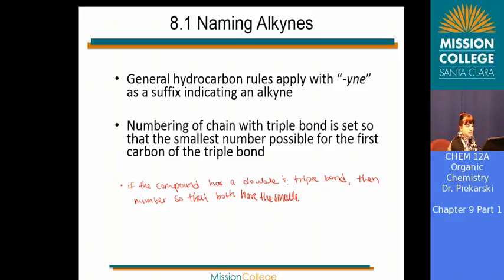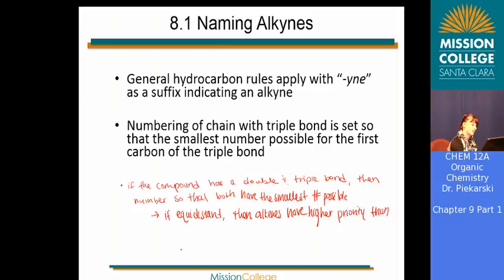Kind of like branching, right? However, if they are equidistant from both ends, so it doesn't matter which way you number them, then alkenes have higher priority than alkynes. Okay?